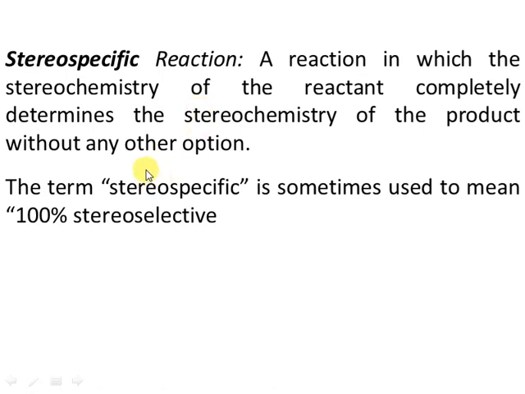For example, if the reactant has R configuration, the product will definitely have R configuration. So the reactant is determining the stereochemistry of the product. If there is no other option, then we say the reaction is stereospecific, and stereospecific is sometimes used to mean a 100% stereoselective reaction.